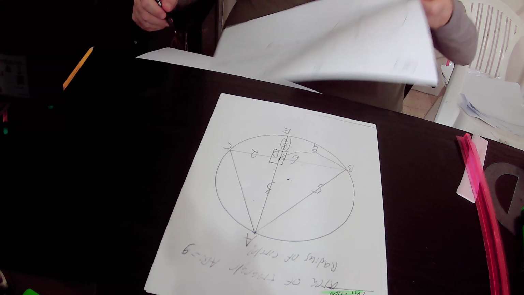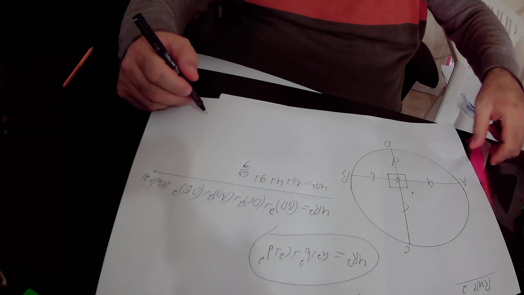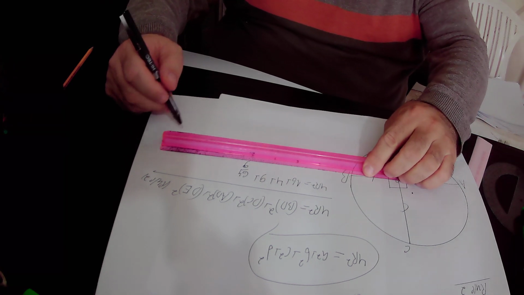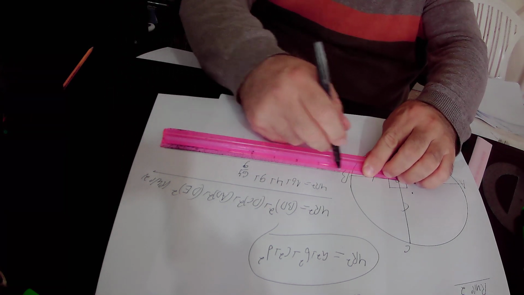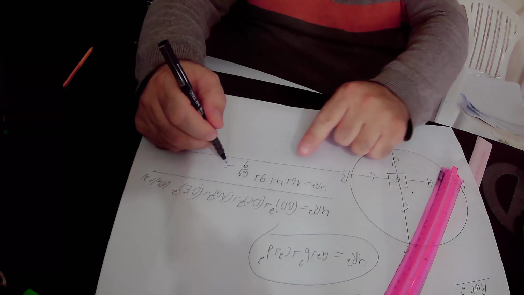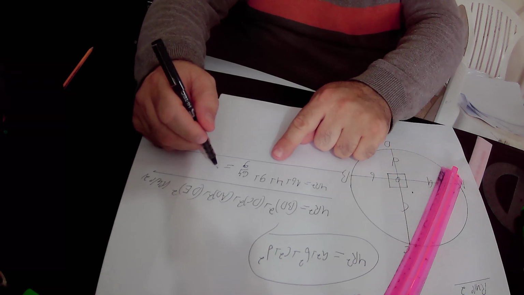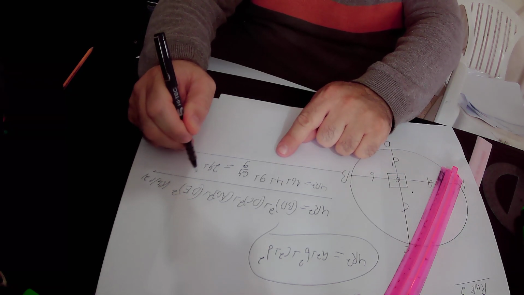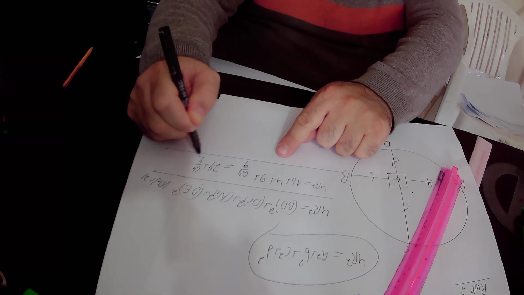So in conclusion, we found out that 4R squared equals 16 plus 4 is 20, and 20 plus 9 is 29, plus 64 over 9.